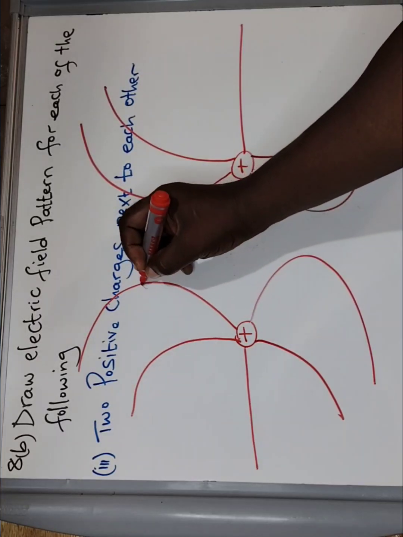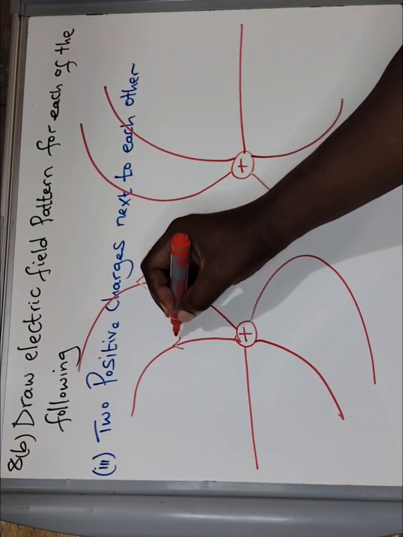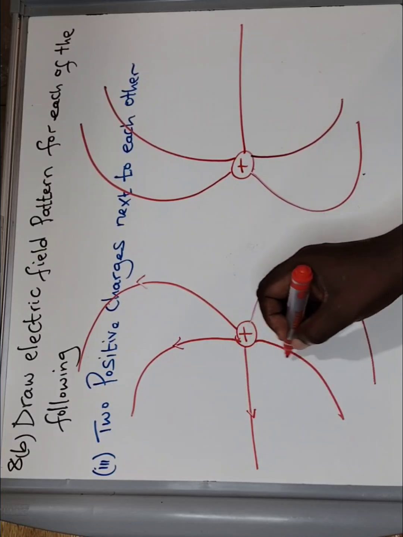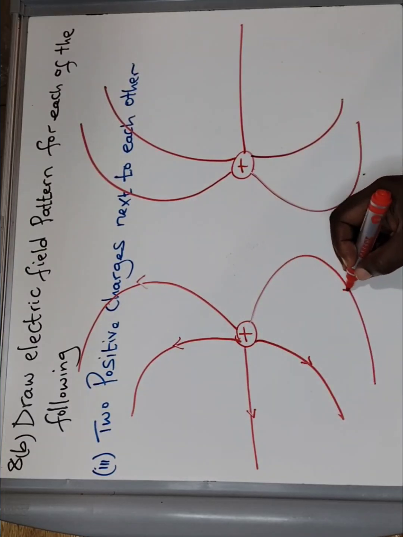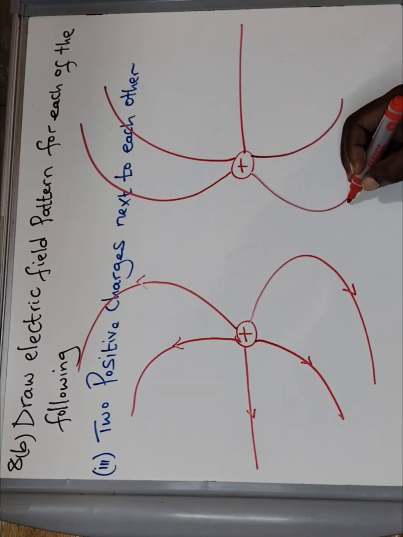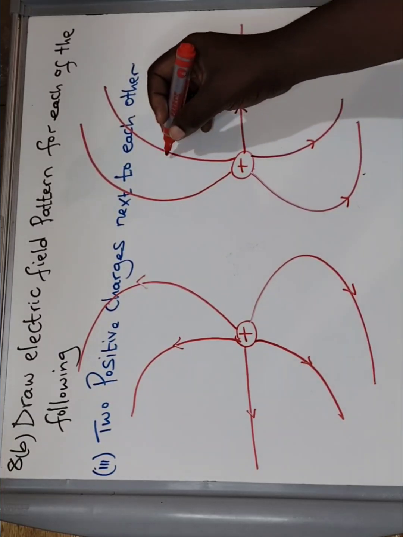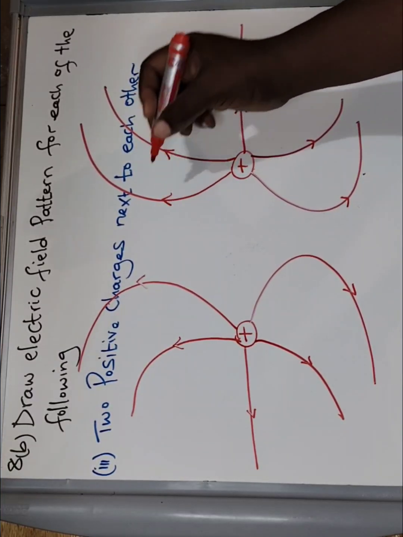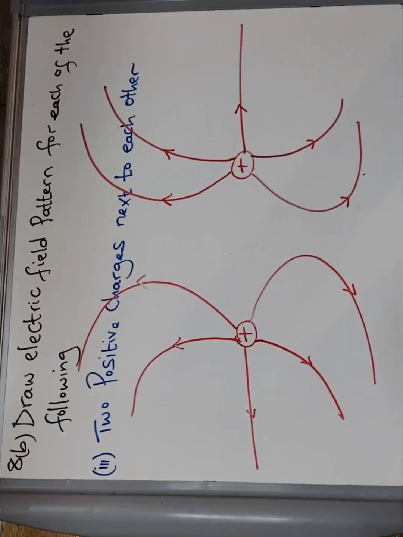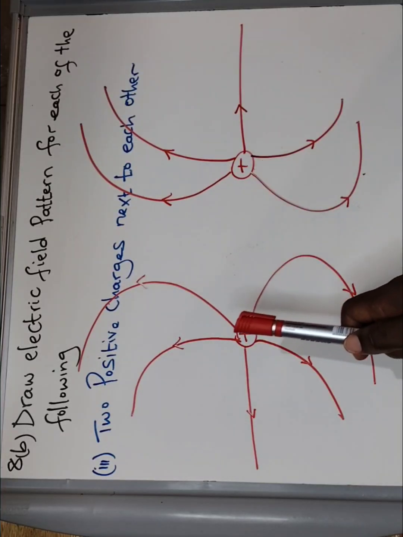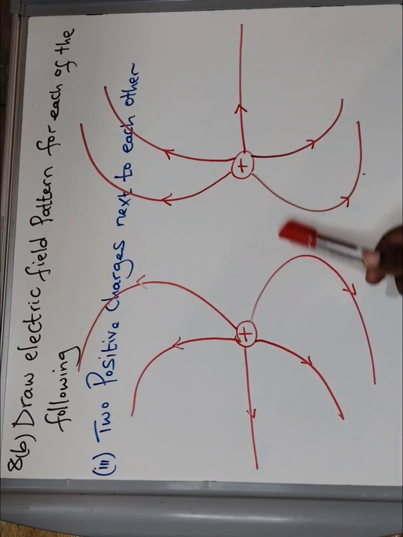So it will go out like that. And there we are. This is the electric field pattern for two positive charges next to each other.